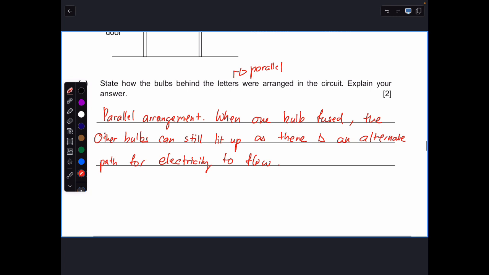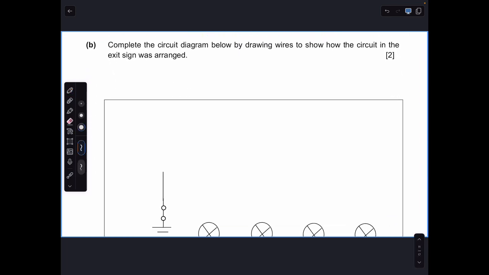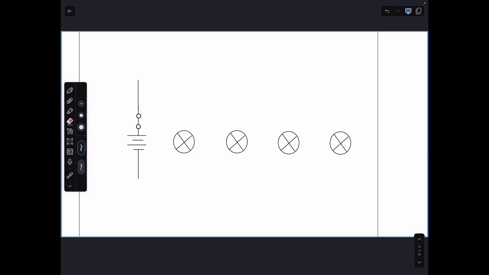Next. Complete the diagram by drawing wires to show how the circuit was arranged. This is very good. Most of you followed my instructions. Obviously they were all parallel. When you draw parallel lines, make sure there are no gaps, which most of you did.